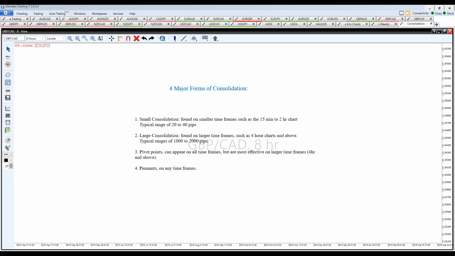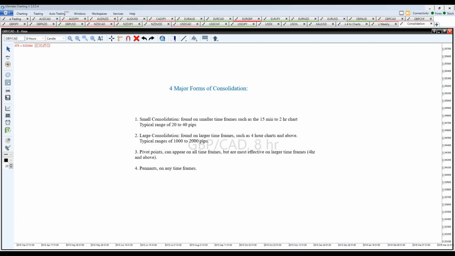We have small consolidation that takes place on time frames that go from the 15-minute up to the 2-hour. We have large consolidation which takes place on time frames of 4 hours and larger. And we have pivot points which appear on all time frames, but will be most effective to trade when identified on the larger time frames, such as the 4-hour and above.